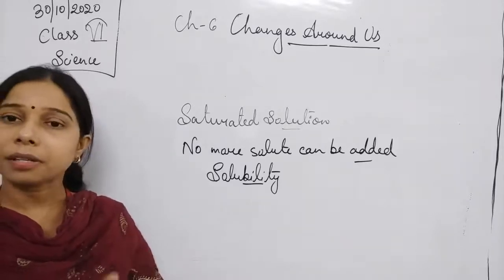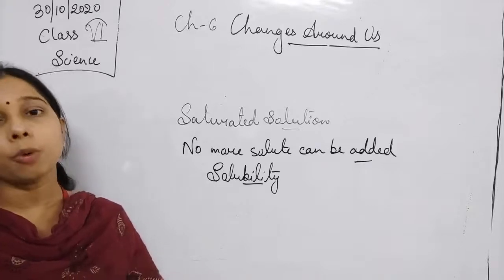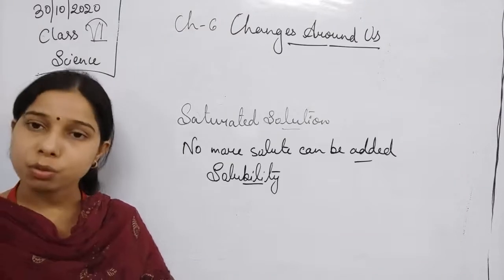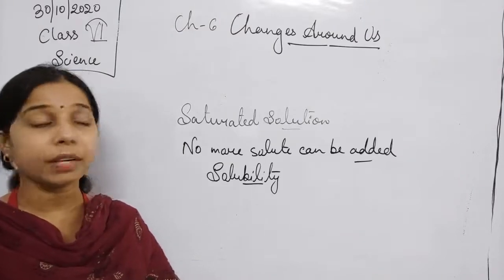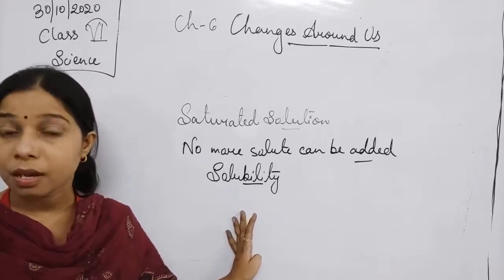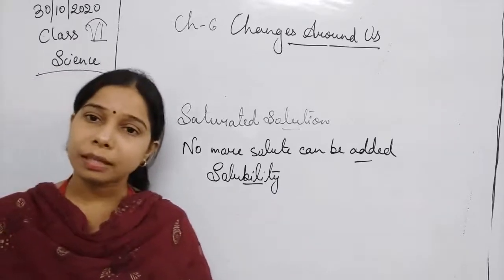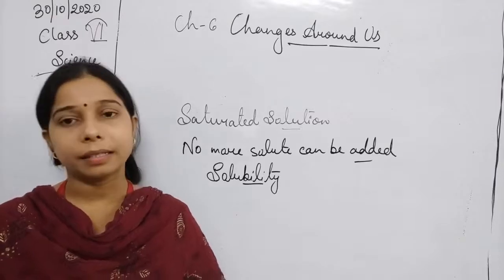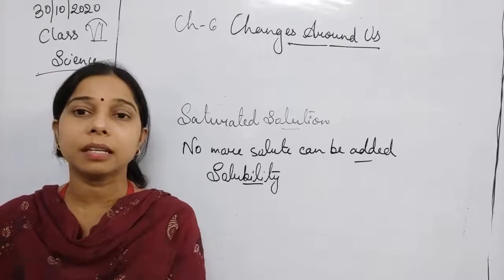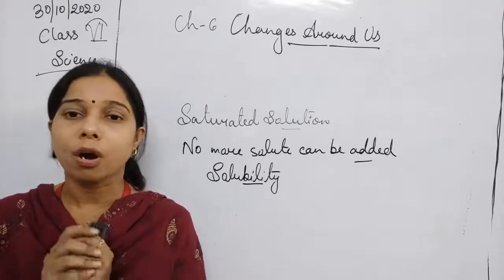So how much solute can be dissolved by a particular solvent in 100 gram of solvent is defined or determined as solubility. Now, is it possible to increase the solubility, student? Yes. By increasing the temperature, we can easily increase the solubility of a substance.